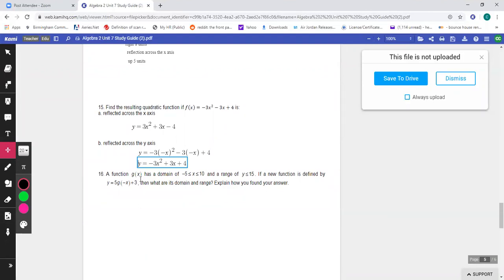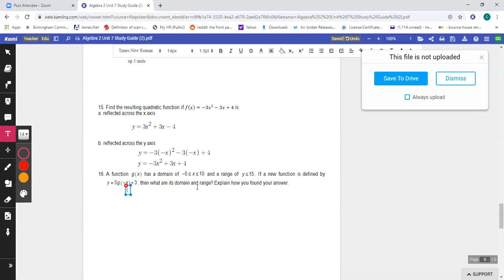So a function g of x has a domain of -5 less than or equal to x less than or equal to 10, and a range of y is less than or equal to 15. If a new function is this, what is its domain and range? Well, let's talk about the transformations that happen here.